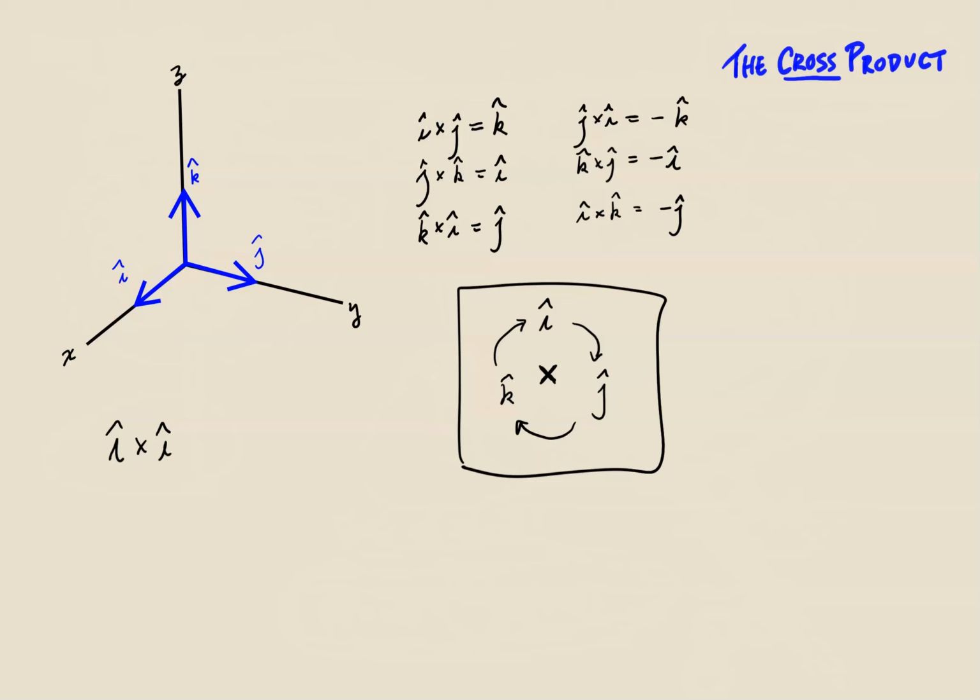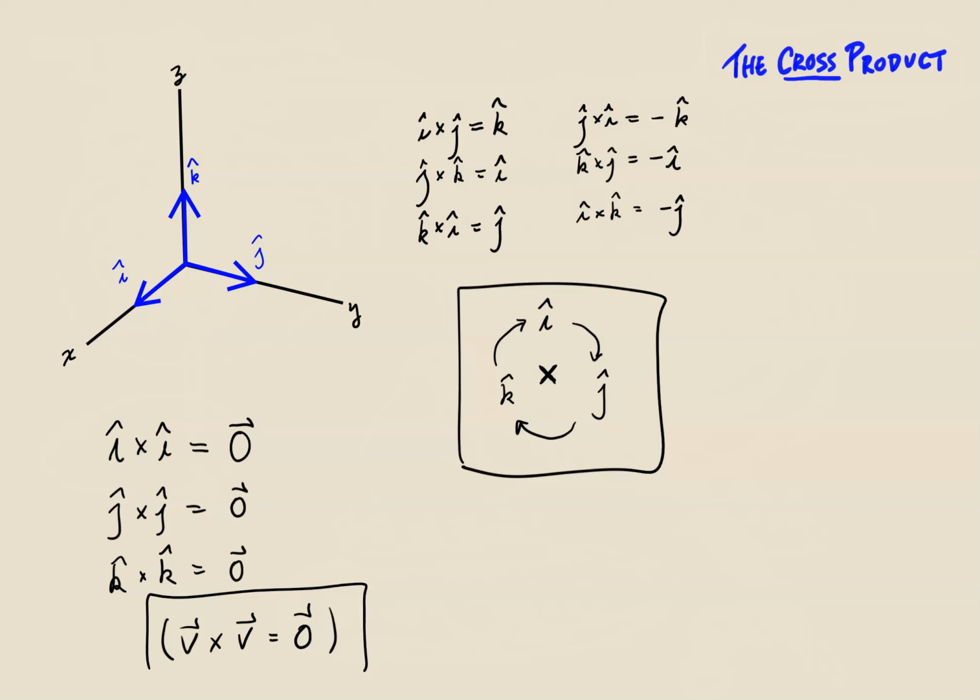That means its magnitude would be 0, which means the only vector this could possibly be, the only vector with 0 magnitude, is the 0 vector itself. And similarly, of course, j hat cross j hat is the 0 vector, and k hat cross k hat is the 0 vector. And in fact, any vector whatsoever crossed with itself will give you the 0 vector.